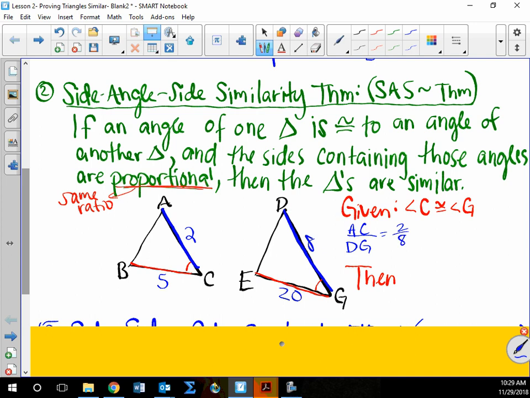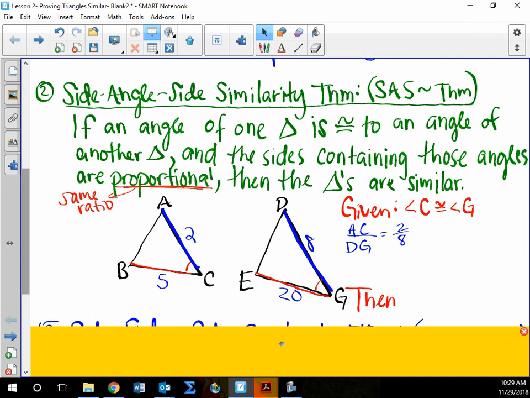And then I'm also going to compare BC to EG. And that would be comparing 5 to 20. So we're not looking for the sides to be congruent. That would be congruent triangles. We're just looking for the sides to be proportional for similar triangles. Alright, so all we have to do right now, it doesn't look to be the same. We just need to simplify and see if they're the same.